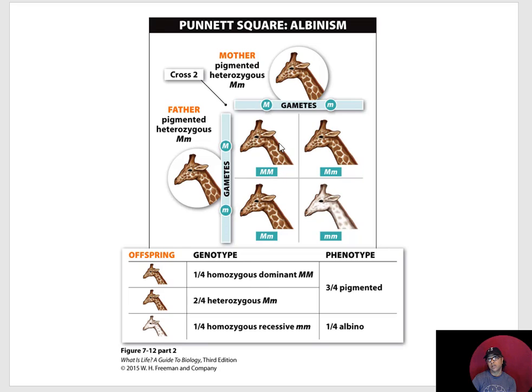Not the phenotype, what it looks like, but the actual genotype. So you have to pay attention to those 2 things in a question. Is it asking you for the genotype or the phenotype? And what method is it asking you to express it in? Decimal, fraction, percentage, right? They're all talking about the same thing.